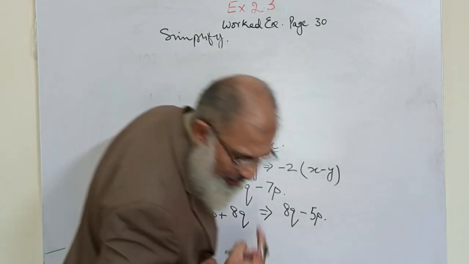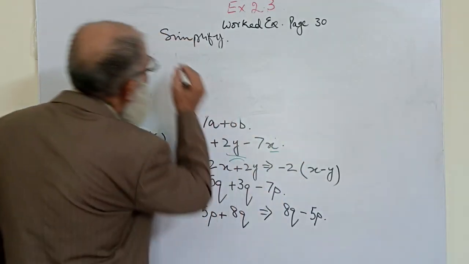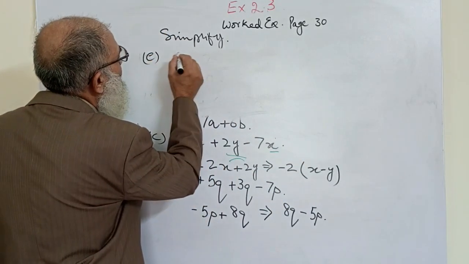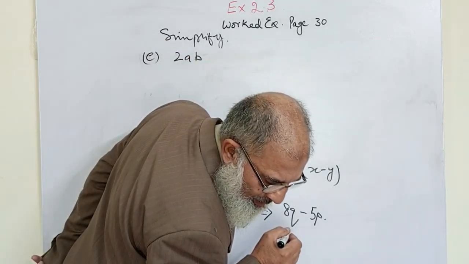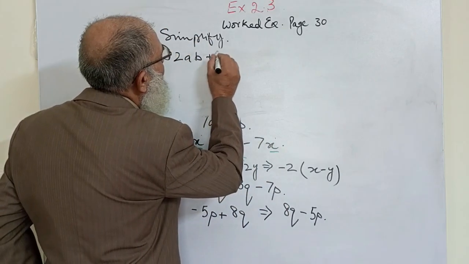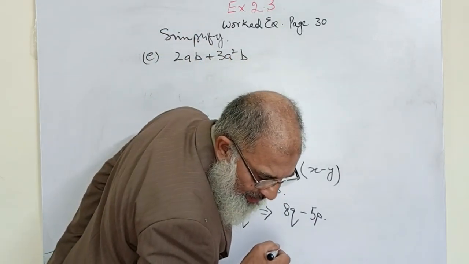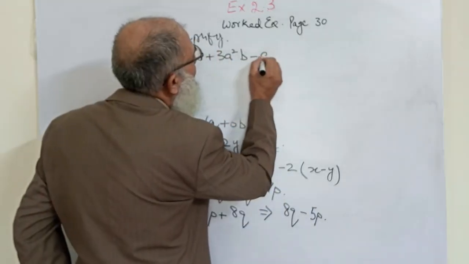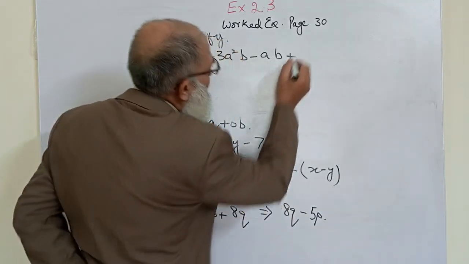The last is 2ab plus 3a square b minus ab plus 3ab square.